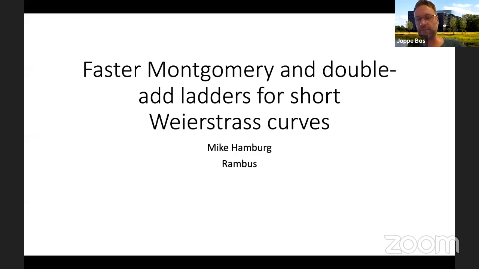You already alluded to this being likely to be minimal. Can we expect more progress here related to faster Montgomery ladders for Weierstrass curves? You may be able to make it faster.